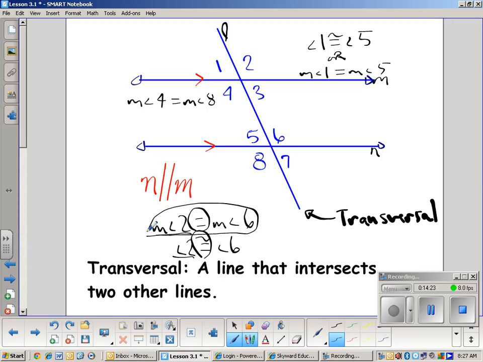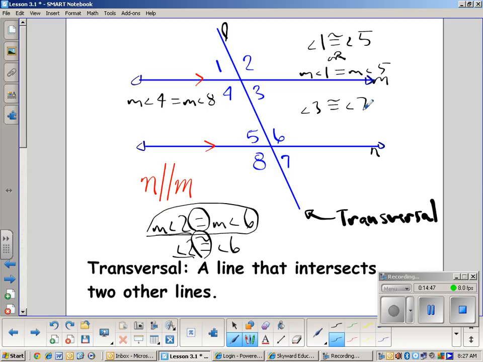Brandon, what's the next one? The last one. Angle 3 is congruent to angle 7. That's correct. Angle 3 is congruent to angle 7. And I really appreciate the last two, all 3 of you that volunteered, said it correctly.